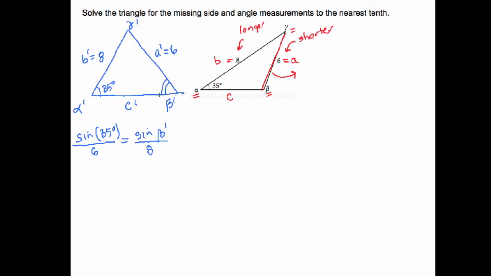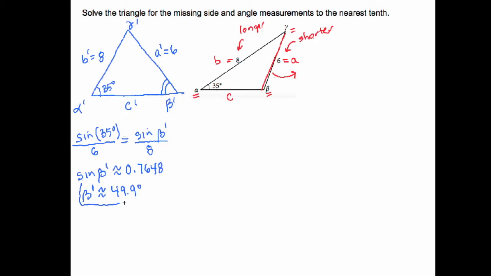That's because I know when I solve, I will end up with an acute angle, and my blue triangle has beta prime with an acute angle. So if I proceed to solve, I'll find the sine of beta prime to be approximately 0.7648, and solving for beta prime, I find it to be approximately 49.9 degrees.